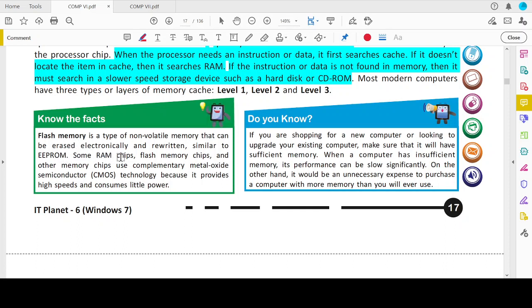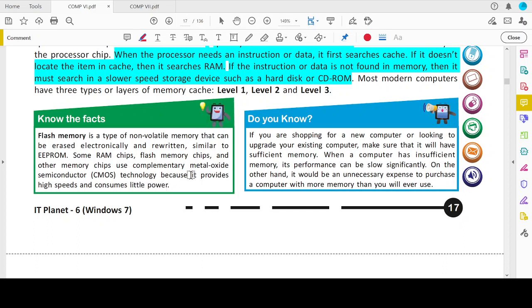Some RAM chips, flash memory chips, and other memory chips use complementary metal oxide semiconductor technology because it provides high speeds and consumes little power.